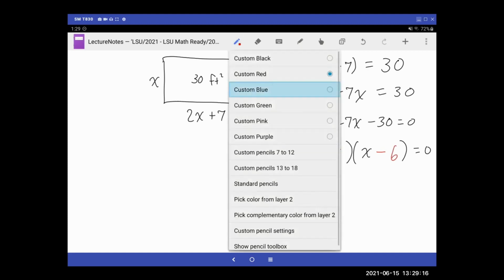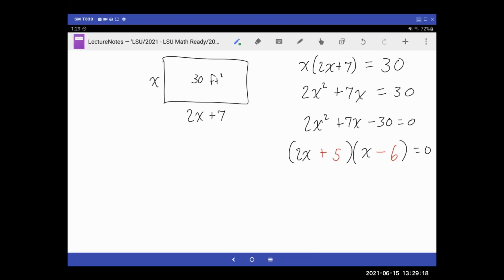Now what I'll do is try that out. If I were to distribute, just ignore the first two and the last two, because you know that they're going to give you 2x squared and negative 30. You pick numbers so it would do that. You really just need to focus on the inside. So 5 times x is 5x. Negative, or 2x times negative 6 is negative 12x. 5 minus 12 is negative 7x.